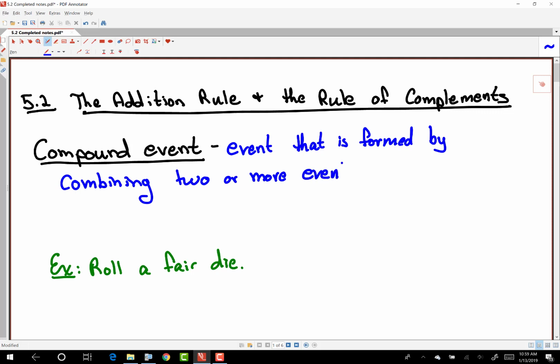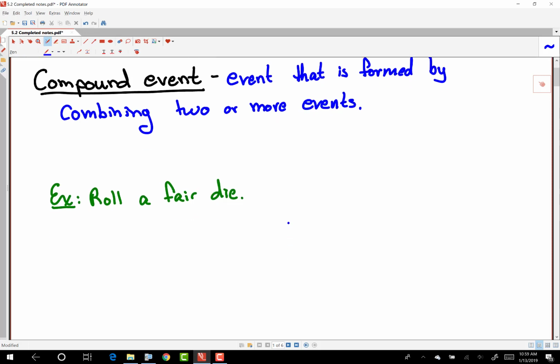So we looked at some compound events in the last section. If you remember the question about the number of children a woman has, when they asked if they have less than 3 children, that was a compound event because that included 2 children, 1 child, or no children. So let's look at another example.